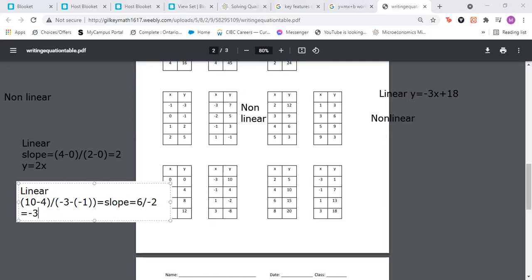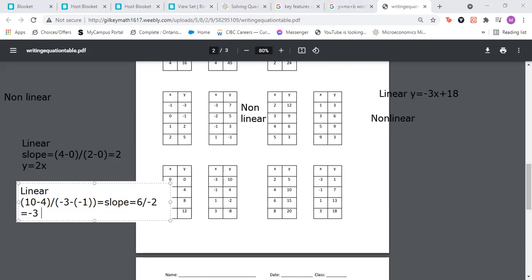So you got the slope, and then how would you get the y-intercept when you have the slope? -3x. Yeah, and then what would the y-intercept be?